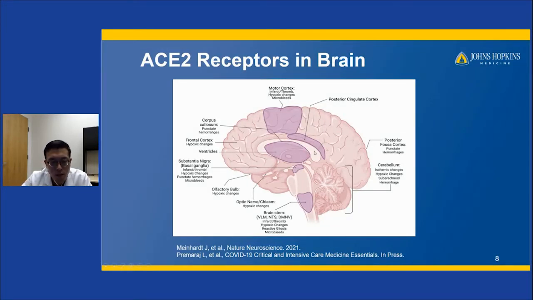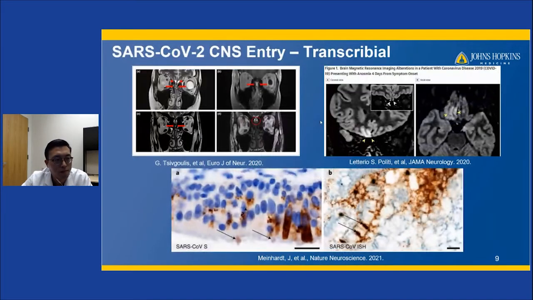Choroid plexus has abundant ACE2 receptors, and the lower brainstem is another popular location for neuropathological findings for SARS-CoV-2. I think these locations are pretty important when we talk about CNS entry of the SARS-CoV-2 virus. Let's talk about other data.